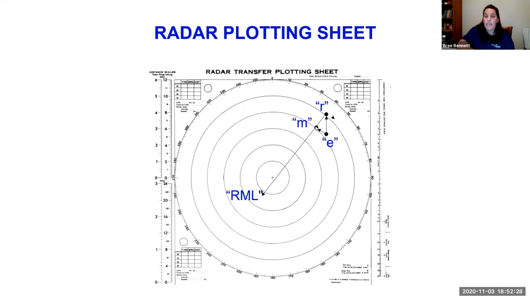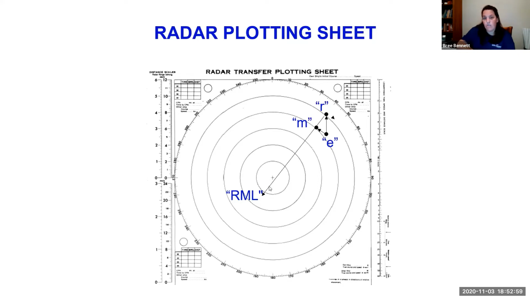And then the next blip that happens, and we're going to try to do it every 6 minutes, we call M. And if we connect those two lines, we get a relative motion line. So our R to M is relative motion. And when we draw that all the way out, we get a relative motion line. So that's our RML, relative motion line.